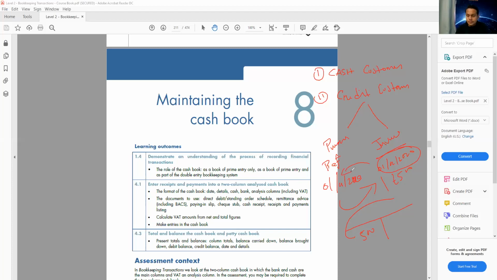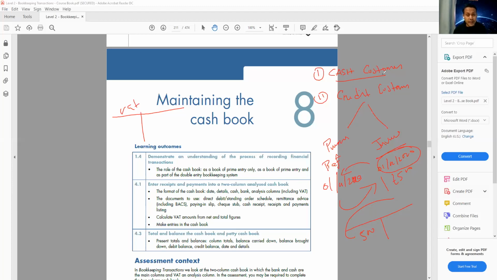I'll tell you why. Because there is a question on the VAT in the cash book. How do we treat the VAT? When there is a cash customer, that means I don't know this customer before, so I never had any transaction before.